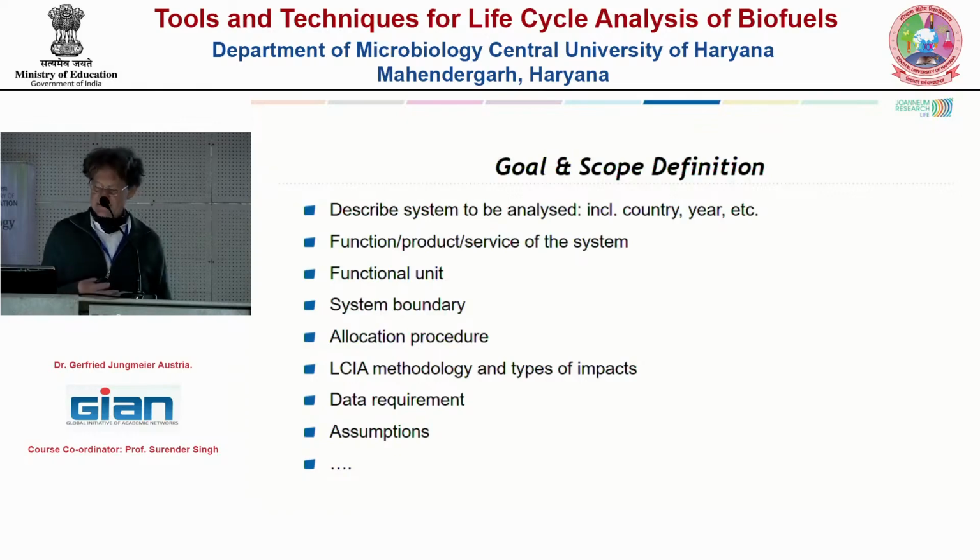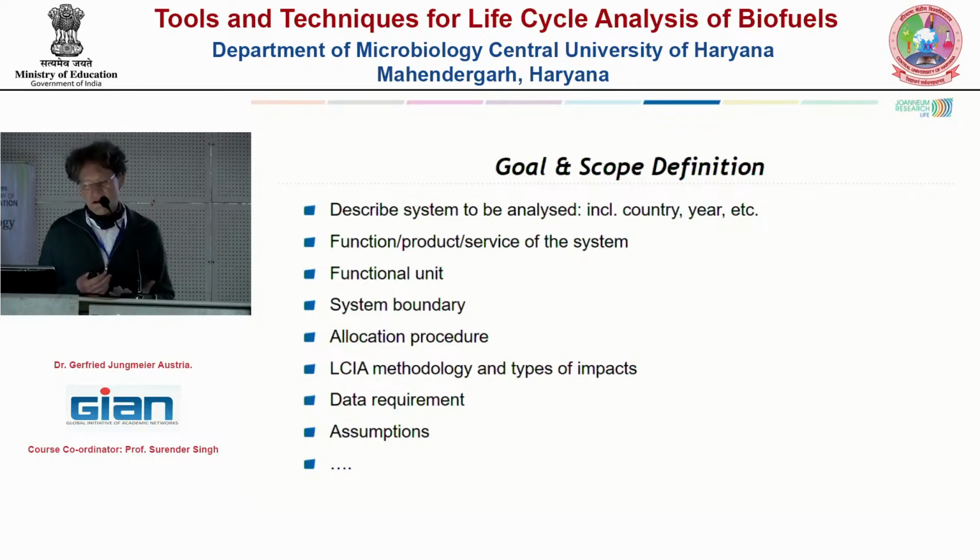And in that phase, at least you also describe the life cycle impact assessment methodology. So which impacts are you interested in? Is it only global warming, primary energy, or also human toxicity or biodiversity? This really is part of the goal and scope. And as I've mentioned before, you really decide on the impacts you're interested in.